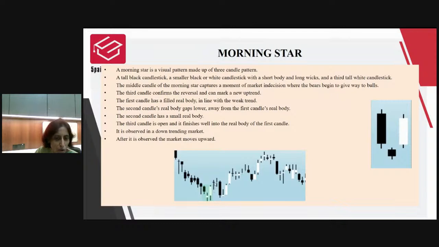The body over here is black in color, which means the closing price is below the opening price. But look at the real body; it's very, very small. Look at the highest price, the lowest price, the opening price and the closing price also, which are far above the previous day's candle. This kind of confirms that from here on the markets are likely to go upwards.